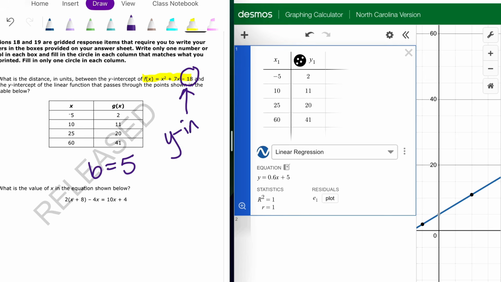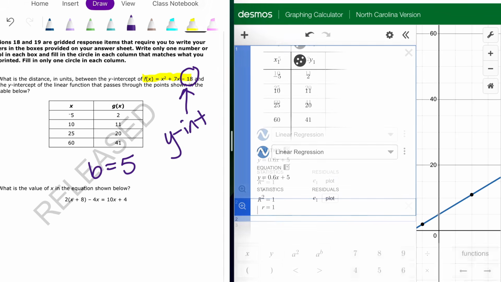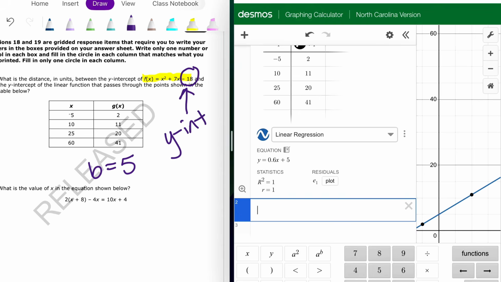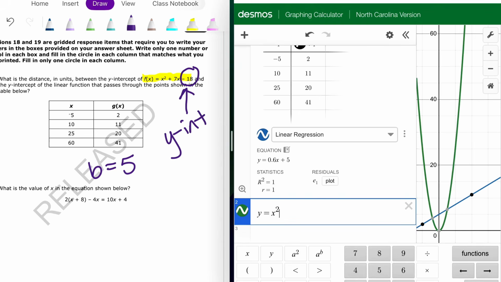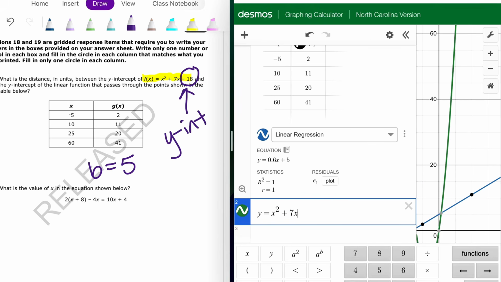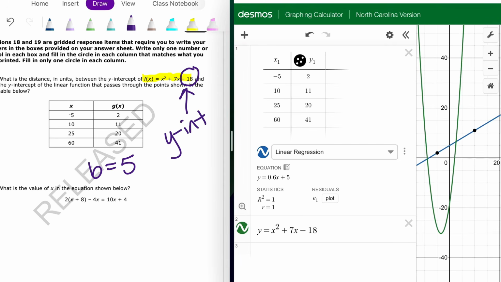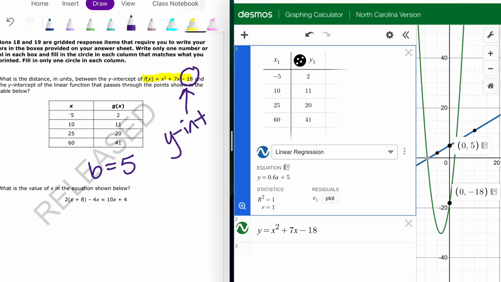All right, now, maybe you know that in quadratics, the c value is the y-intercept. That would help you, but if you didn't know that, okay, we could type that in. You don't have to put f of x. I'm going to be lazy and just do y plus 7x, but you'd get the same result either way. And I'm going to look to see where it crosses the y-axis, and I tap that dot, and it says negative 18. I can also tap that blue dot, the blue line, and I see 5.